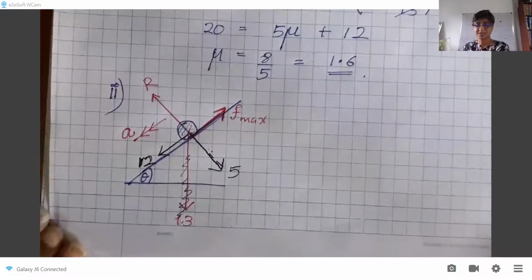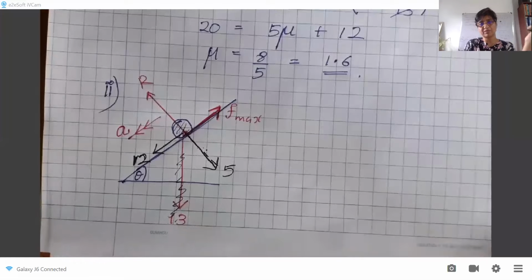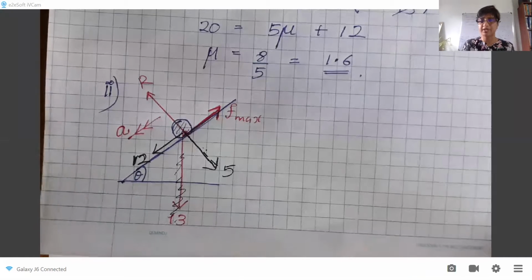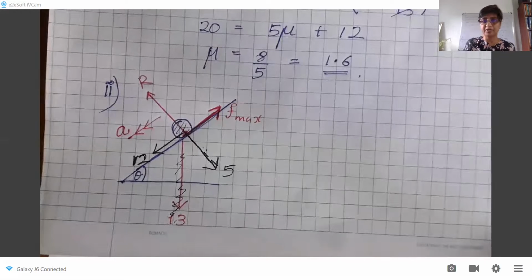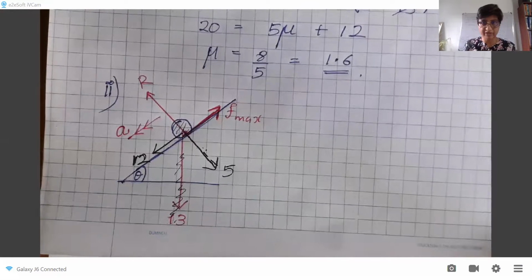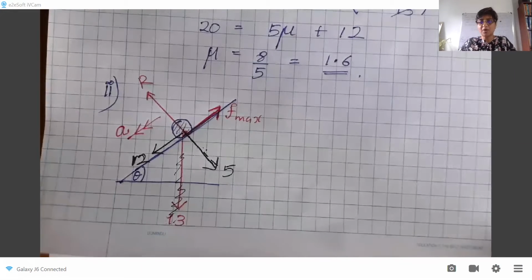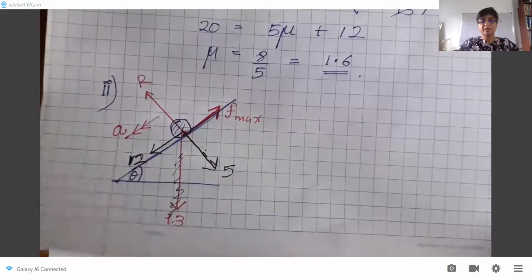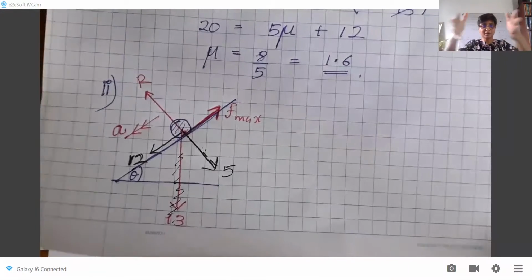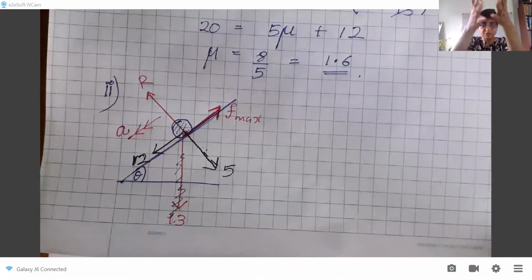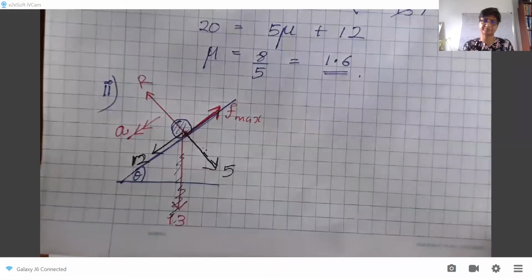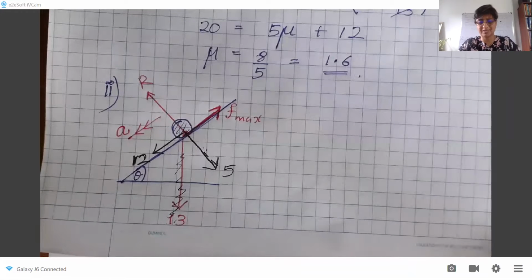In contrast to part 1, where the particle was in equilibrium and you apply conditions for equilibrium, if your particle is accelerating, you are confined to doing just one thing: apply F equals ma, second law.